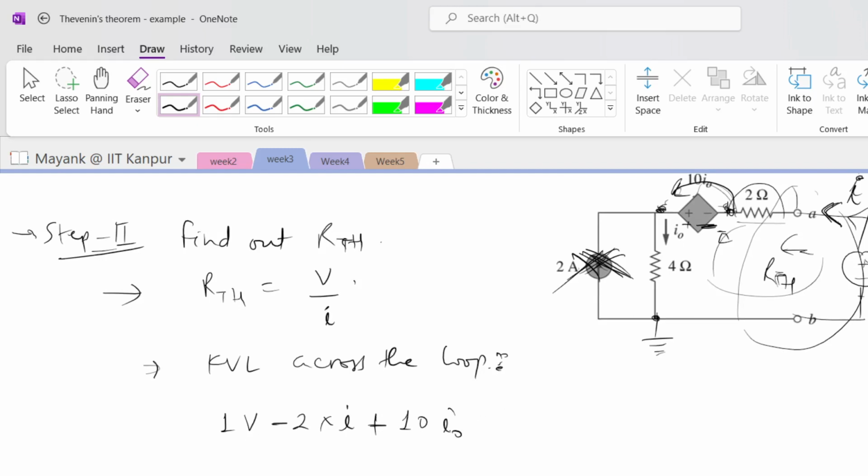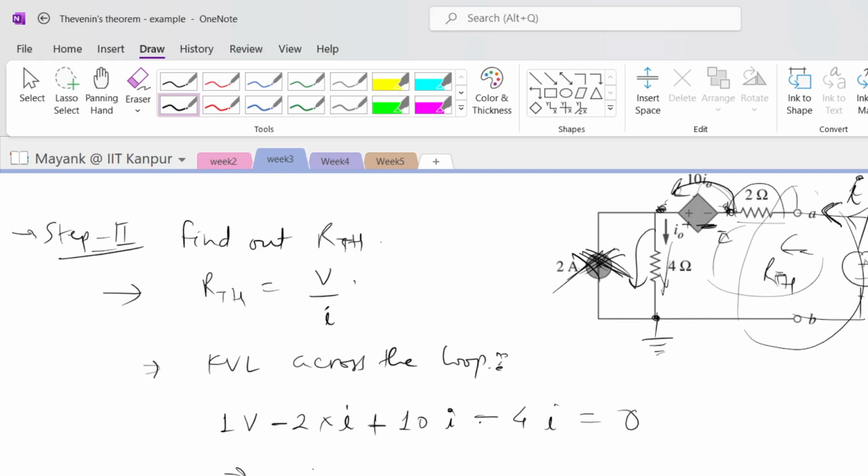I naught is equal to I. So I will just say this is I minus 10 times I, and again going from here to here, I see that the current is flowing in this direction, and the current flowing in this direction is going to create a voltage drop across this 4 ohms. So this will again be minus 4 times I. This is equal to 0, right?